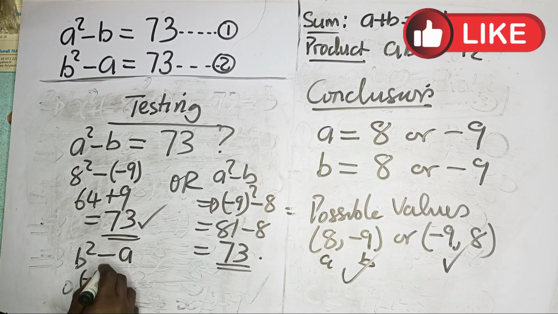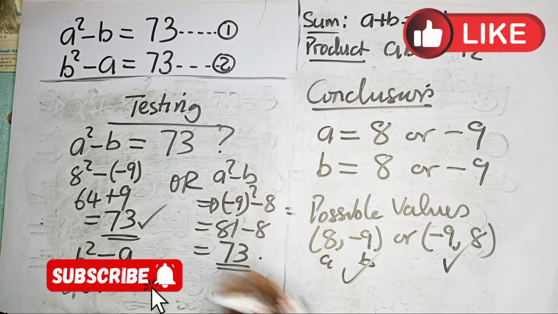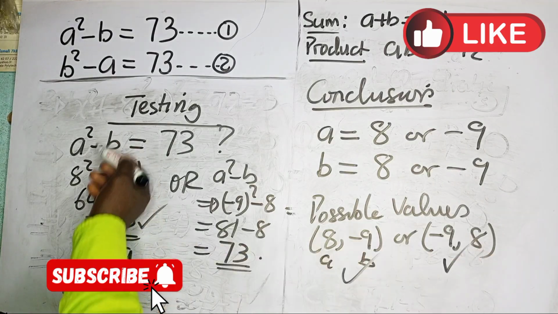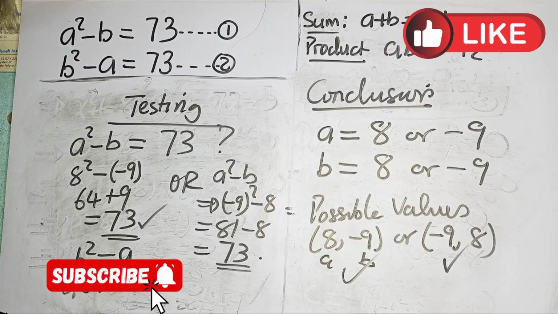And if we take this second information, we'll get the same expression. So our verification shows that the values 8 and negative 9, or negative 9 and 8, are the values of a and b.